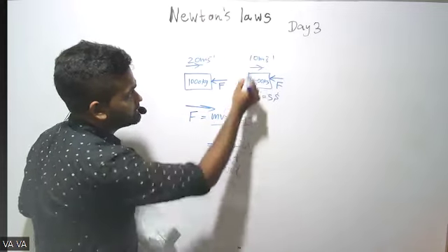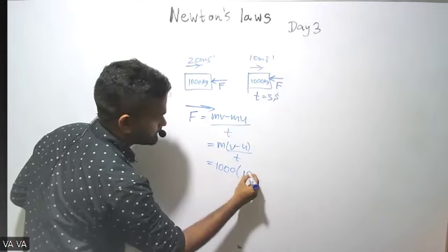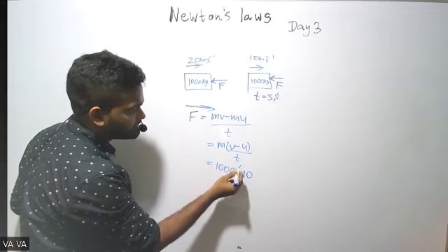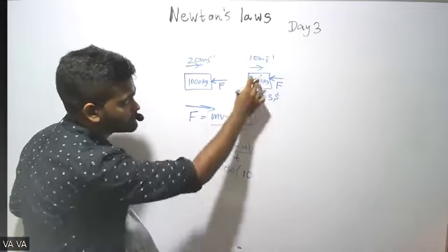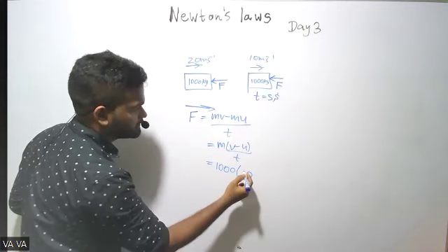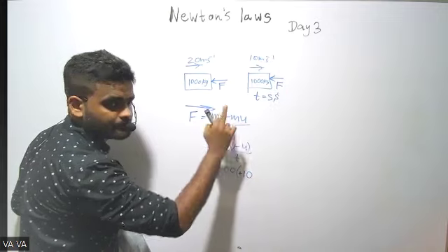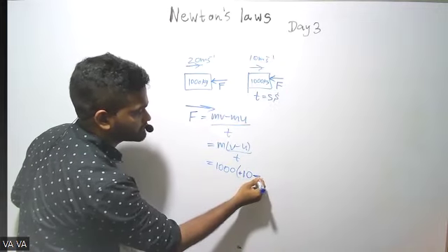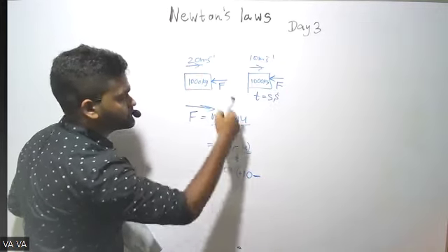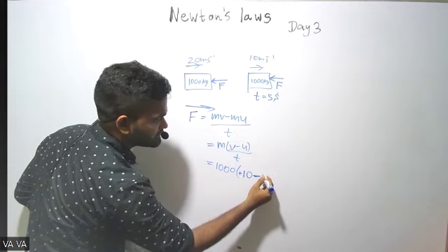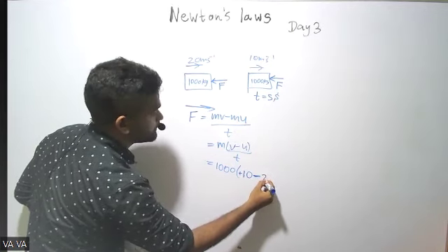So the final velocity is 10, but since that final velocity is to this side, it is a plus, because I am applying the equation to this side. Minus the initial velocity, also to that side, so that also is plus, minus 20.